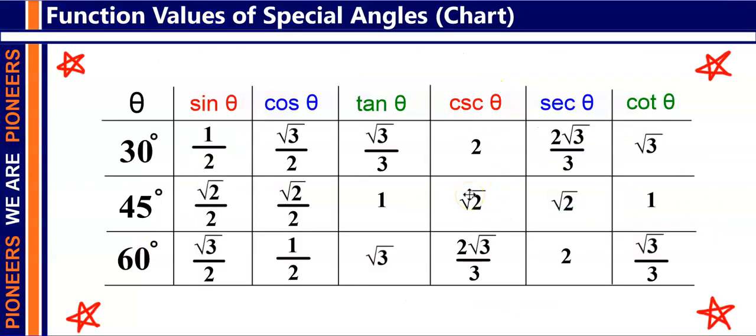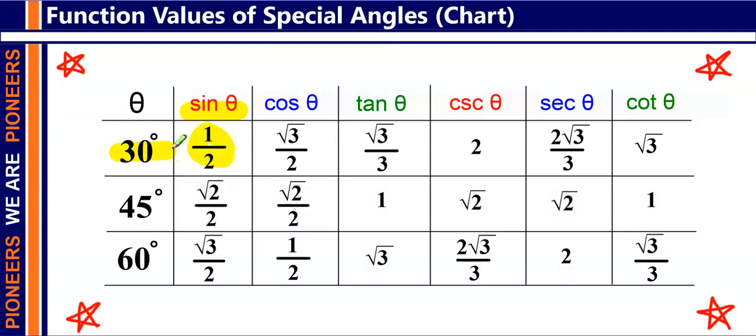Now, this is a chart from a while back focusing on the special angles for 30, 45, and 60. But I just also wanted to see how they are still related to each other in cofunction form. So let's take for example sine of theta is 30 degrees. So therefore the ratio is 1/2.